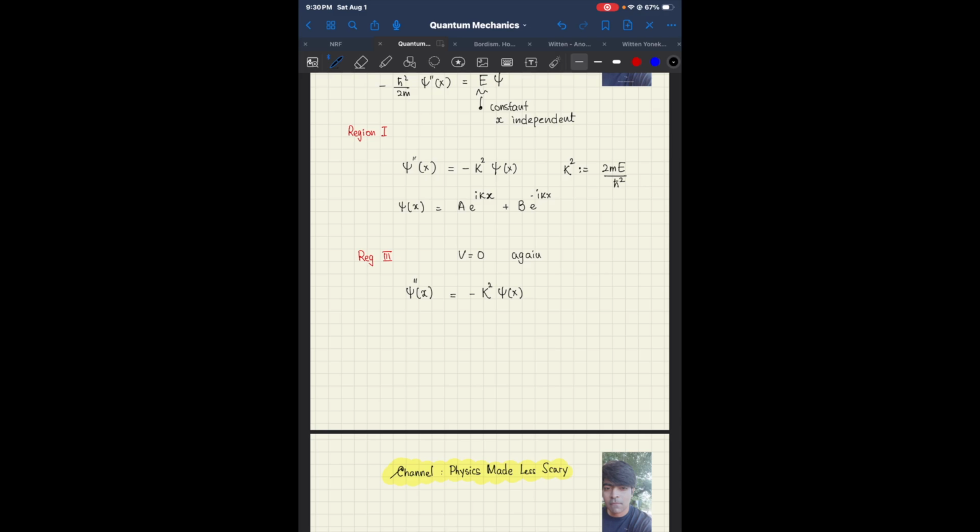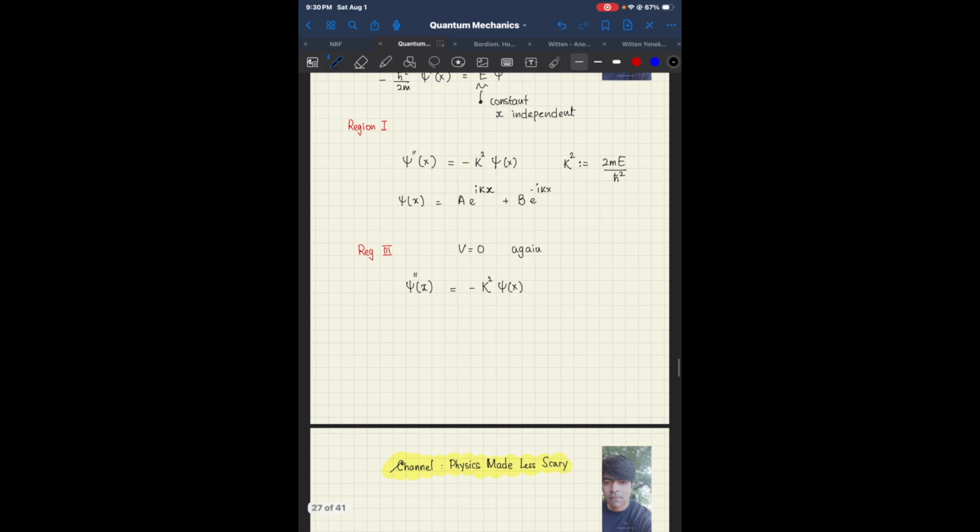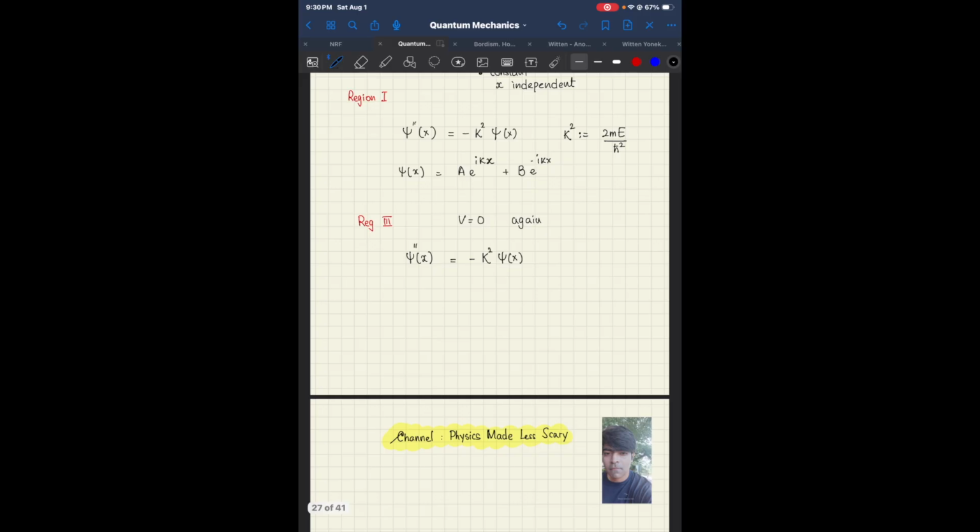And of course, the constant will again be different. There is no reason for the constant to be the same. So your solutions are, say, E to the power ikx plus F to the power minus ikx.